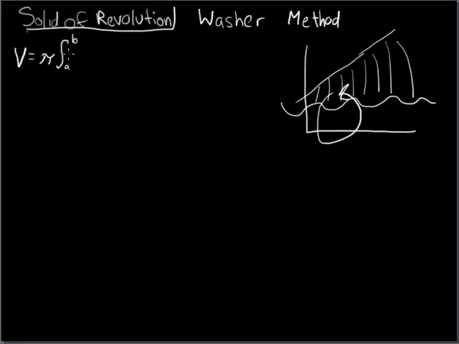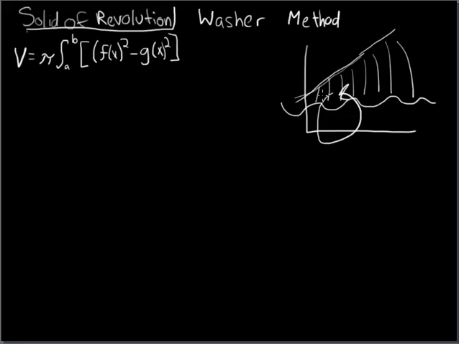Well, it's not done yet, and instead of being f of x squared, it's actually f of x squared minus g of x squared, which is pretty much just the disk formula of this curve.